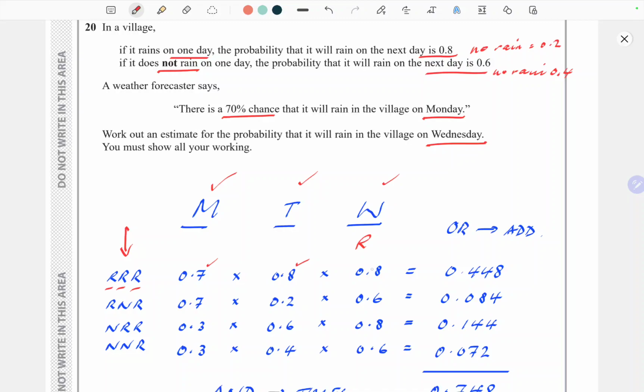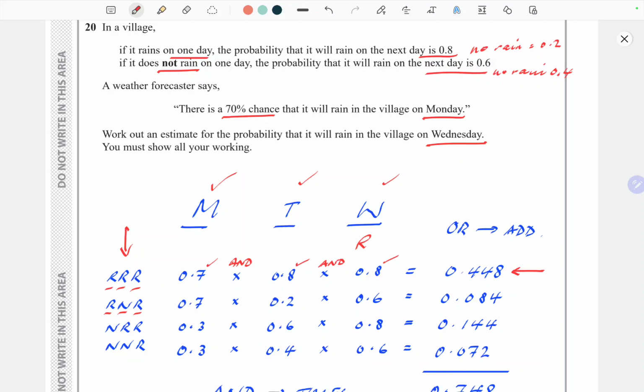And then on Wednesday, as it's rained again on Tuesday, is also 0.8. So rain on Monday, Tuesday and Wednesday. Multiply all of those together and we get a probability for that combination of 0.448. Now change it to rain on Monday, no rain Tuesday, and rain on Wednesday. Same sort of thinking.